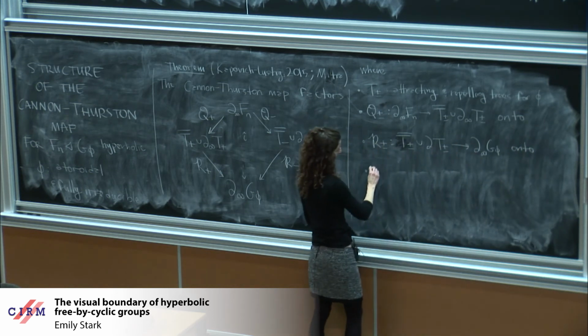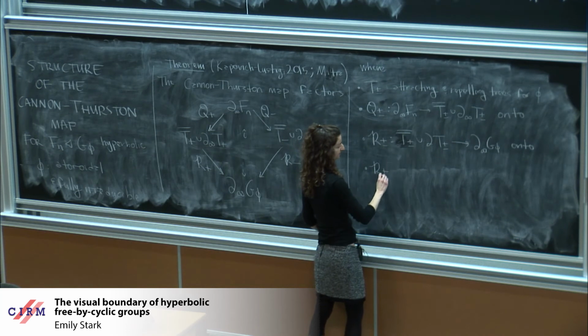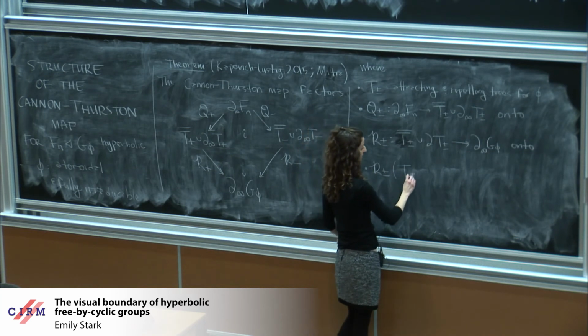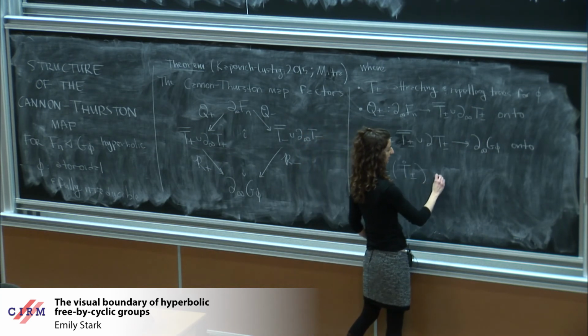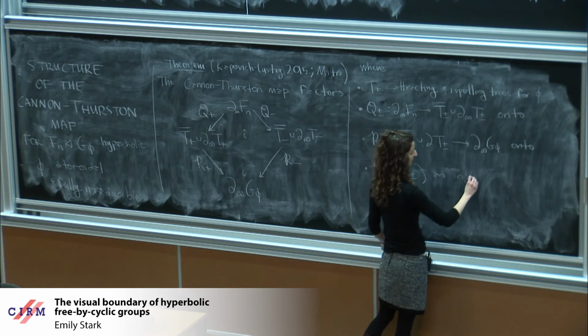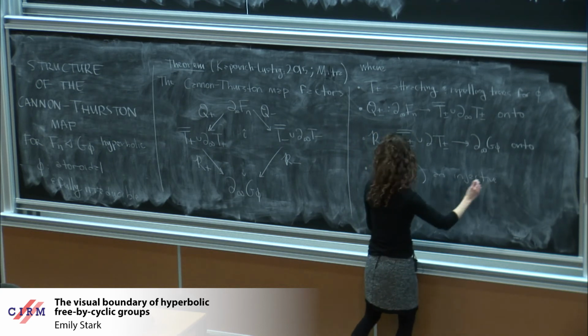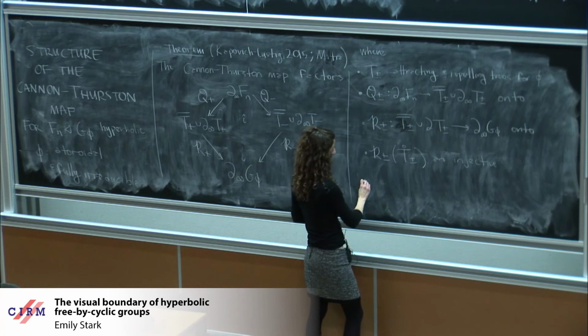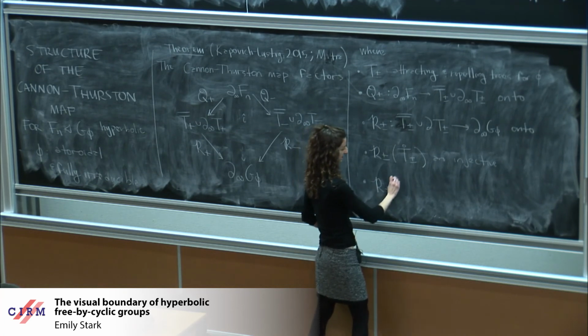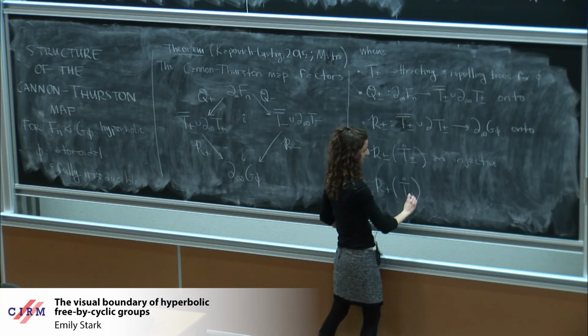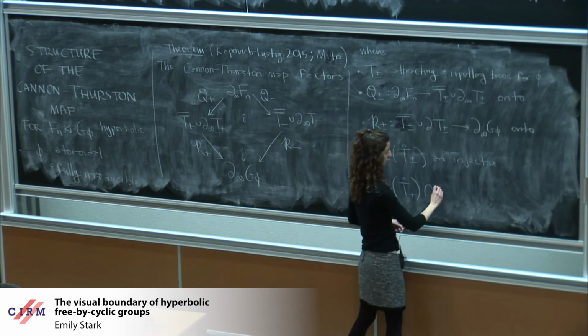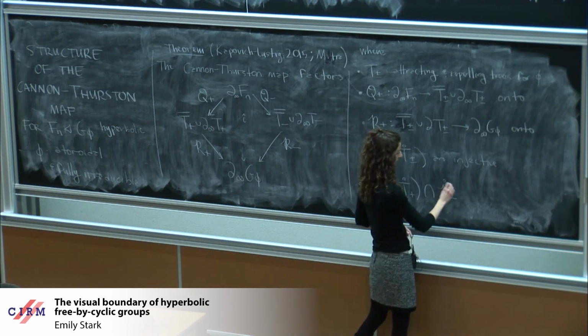The maps R plus and R minus restricted to the interior of these trees are injective. And finally, the maps R plus and R minus have disjoint images when restricted to the interior of these trees.